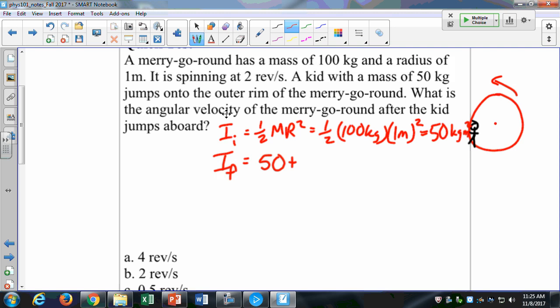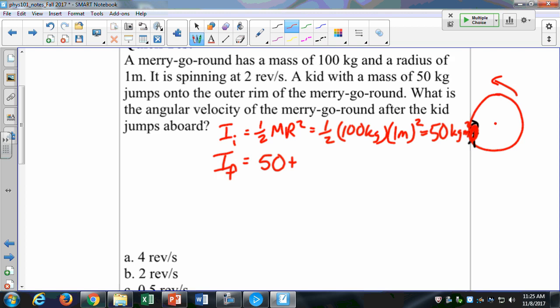Think of the kid as a particle. You'll see this on the OpenStax, actually, because I picked a problem where you have some shape that's spinning around in a circle, and you would think, oh, I'm going to use the shape. But no, you're not going to do that. Because it's spinning around an axis, you're going to use it as a particle. So this kid, we just imagine as a particle on the edge of this.